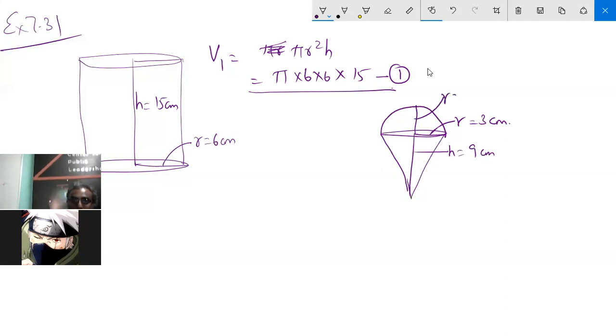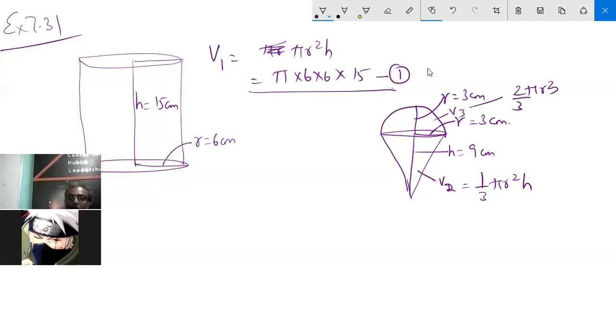So this also is equal to 3 centimeter. Here you have to calculate two volumes, the cone and the hemisphere. This is 1/3 pi r squared h, and this is 2/3 pi r cubed. Correct?